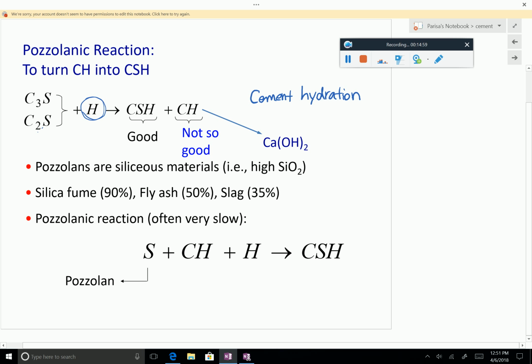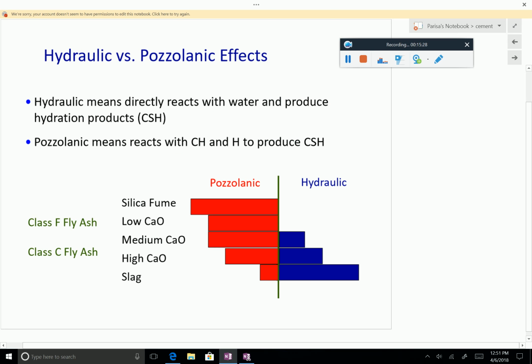Now if you add pozzolans here, like for example having silica, this is going to turn CH to CSH. CH doesn't improve strength, but CSH is something that we like because that's the main glue in cement. Examples are silica fume, fly ash, and slag. And the reaction is typically very slow.